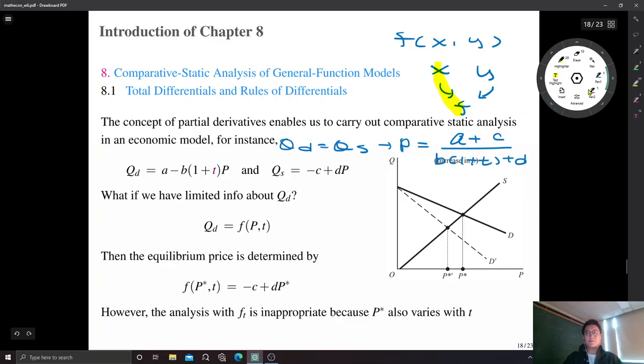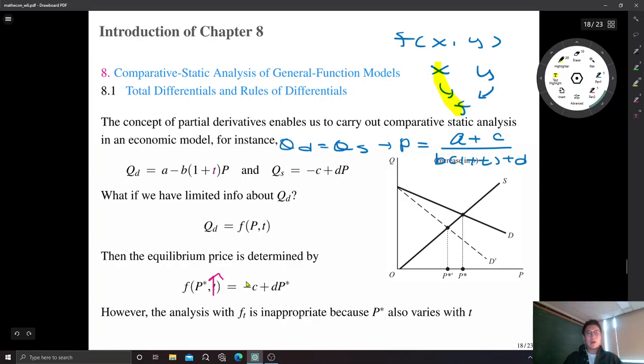So here we have several parameters, P, T, and C, and then we increase T a little bit, keeping the other variables constant. But it doesn't make any sense because we just saw that price also varies with the tax. So price is also a function of T. So the partial derivative means we just increase t, treating other variables as constant, but that is inadequate in this example.